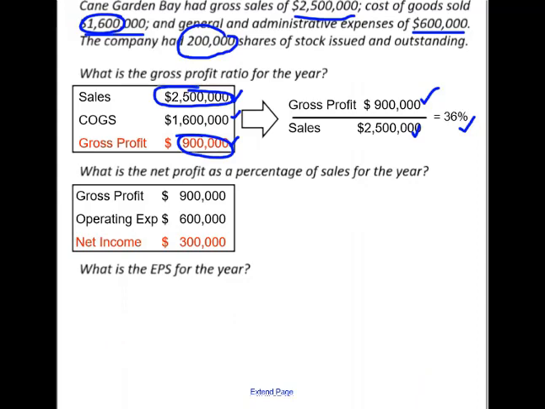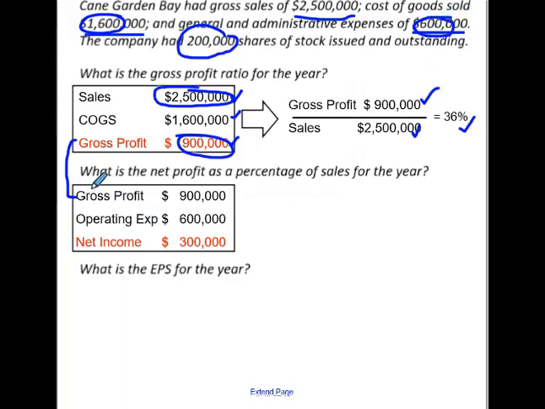Okay, now the next question is, what is the net profit as a percentage of sales for the year? Again, I have my gross profit, which I simply carried down from my upper statement, and I've included now operating expenses, which are really my general and administrative expenses. Remember, G&A expenses are part of operating expenses, which are $600,000.